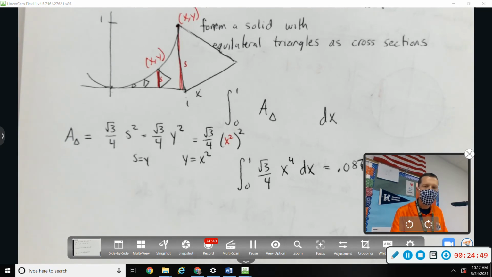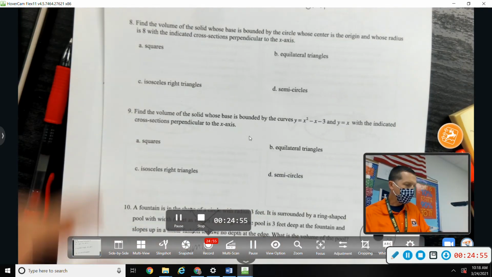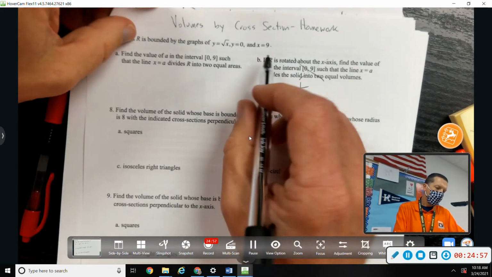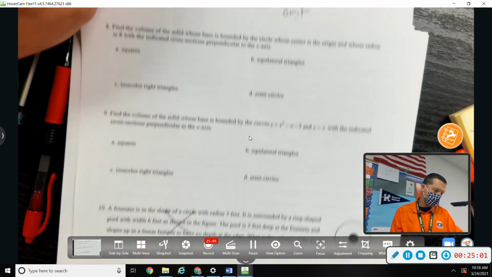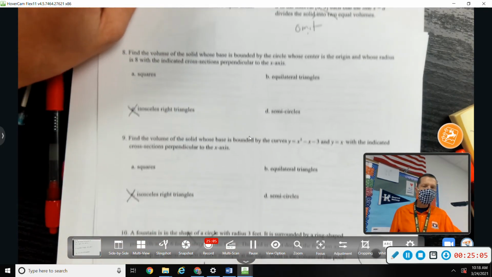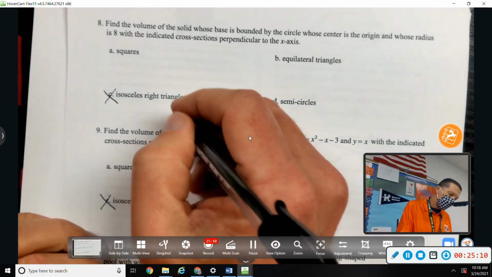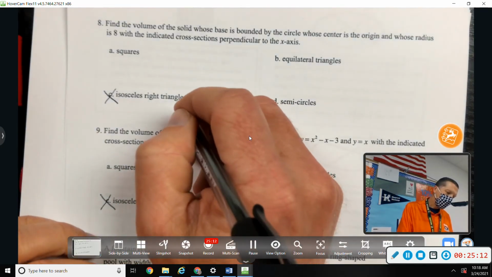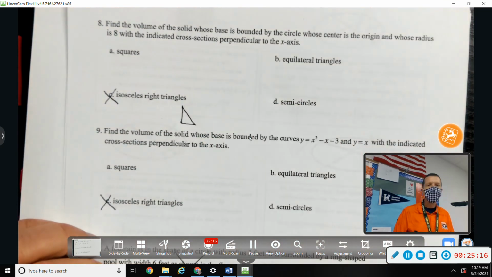All right, so looking at the homework, if I cross-section homework, 7b was already omitted. You can throw out the isosceles right triangle problems, primarily because this particular worksheet doesn't say what the orientation of the right triangle is.